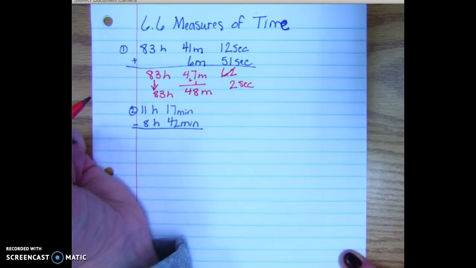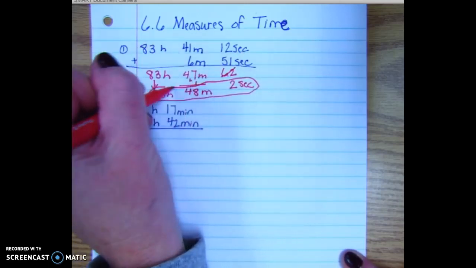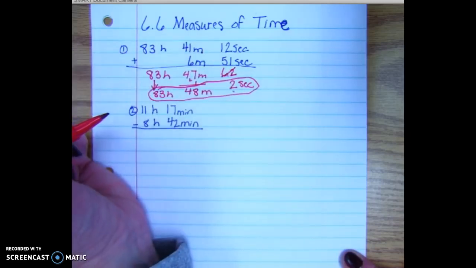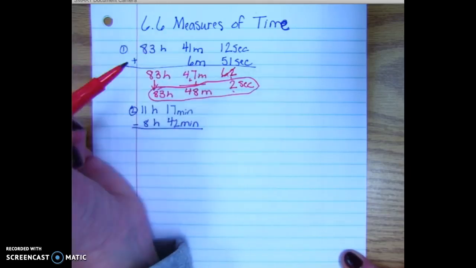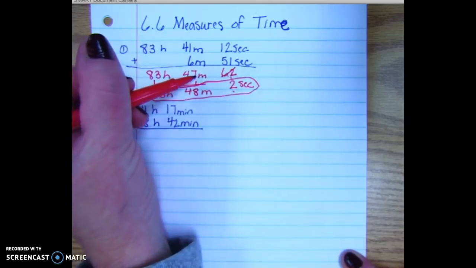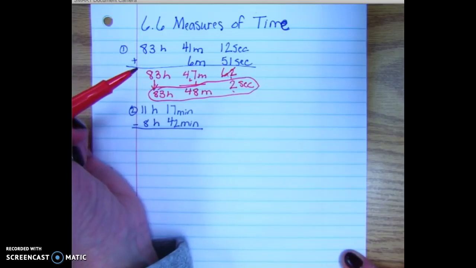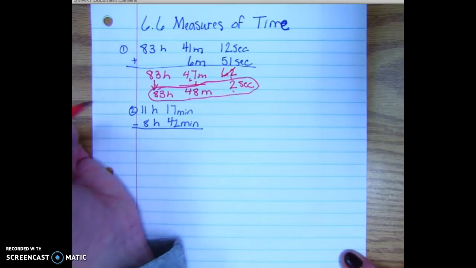This is one where it's very important to show your work because you need all of these groups regrouped. This would be incorrect on a quiz or a test. Anytime you see a 60 in your seconds column or a 60 in your minutes column, it would regroup to an hour. This one was only 48 minutes, so it would take 12 more to get up to that 60. So we don't need to do that in this question.